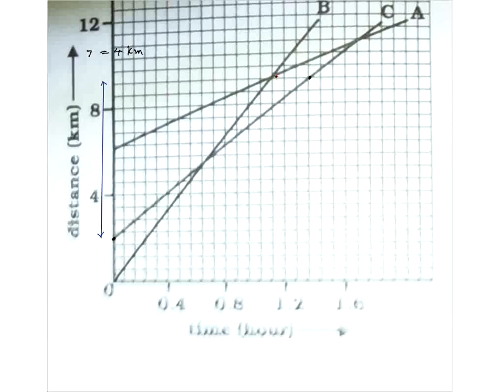B crosses A at this time, which is here. You're right. And therefore, this point should come here.